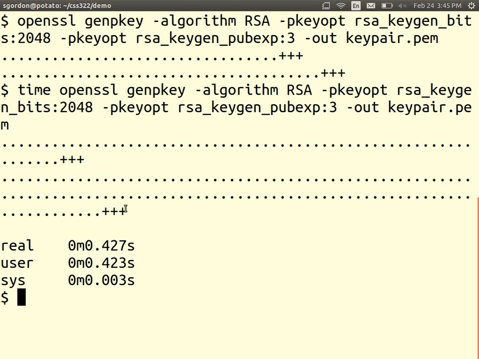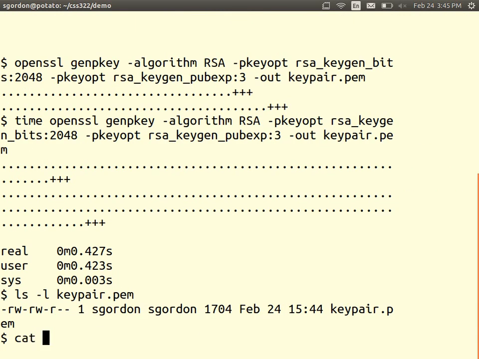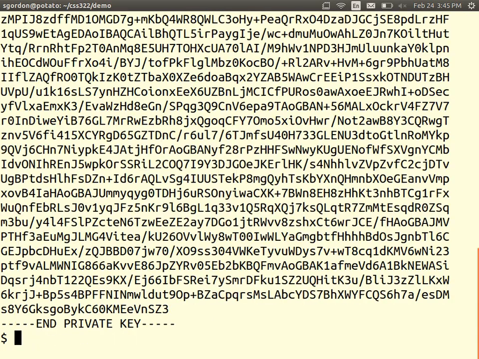Let's have a look. So the key pair is a file. It's formatted in such a way, it's 1700 bytes. Let's have a look. I may have to zoom out. It's a text file, but it's formatted in a way that it's encoded.